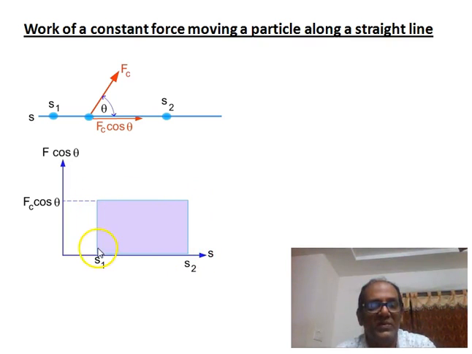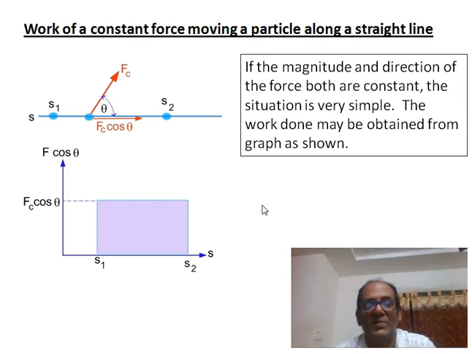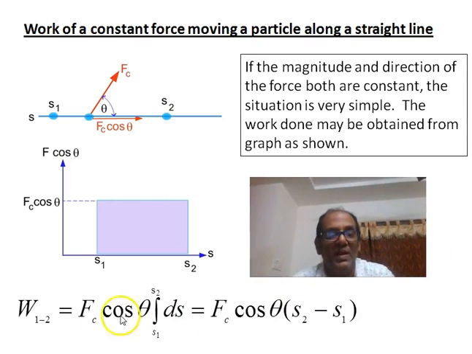And so this represents the area under the graph of f cos theta and s, which is f cos theta into s2 minus s1, which we will anyway see mathematically also. Because f cos theta is constant at all the points between s1 and s2, the magnitude is constant and the angle is constant, so we can take it out and integrate to obtain the work done by a constant force moving a particle along a straight line, which is inclined to the force at an angle of theta as shown over here.